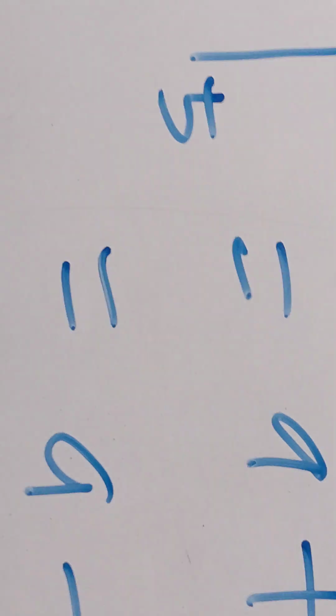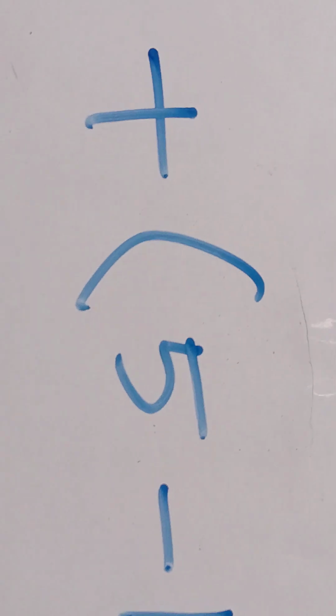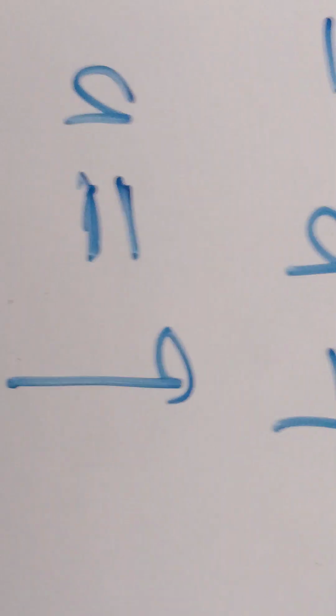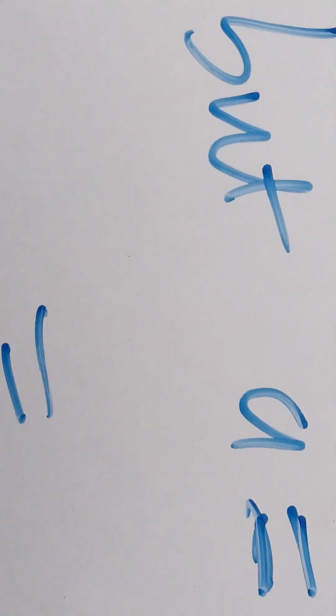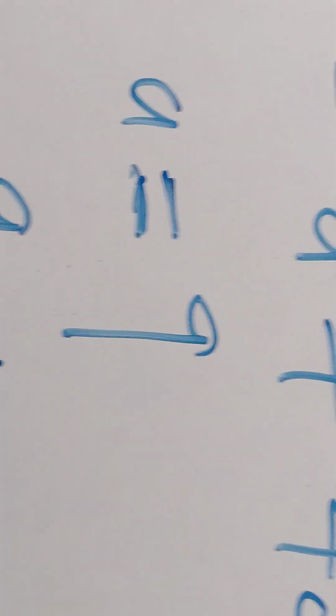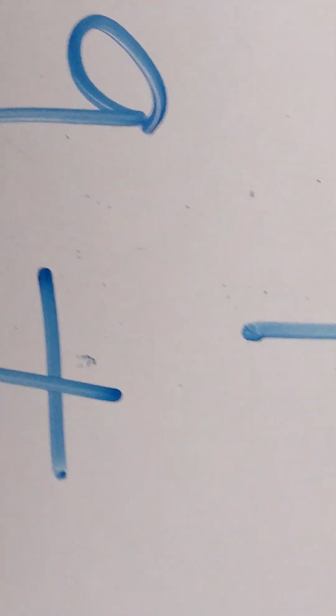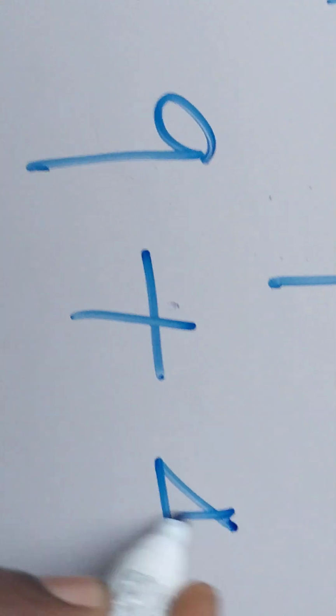Then you come back to the equation T5 equals a plus 4d equals 25 and substitute. This now becomes 9 plus 4 times d equal to 25.